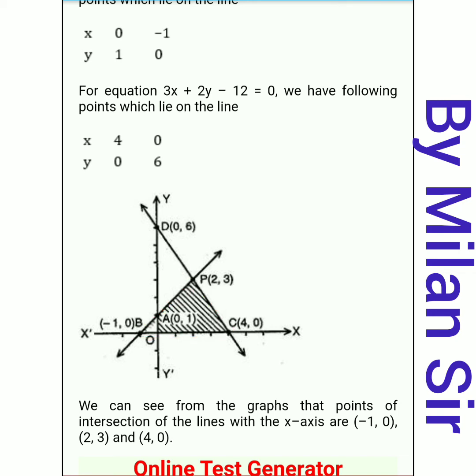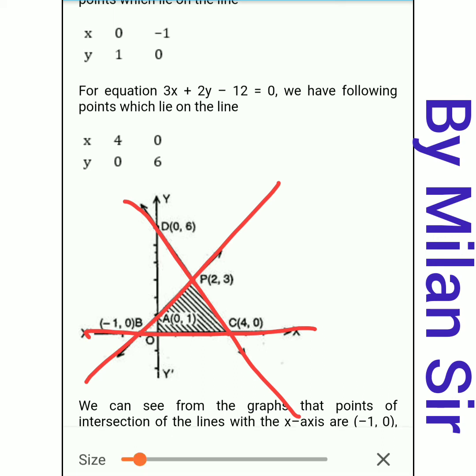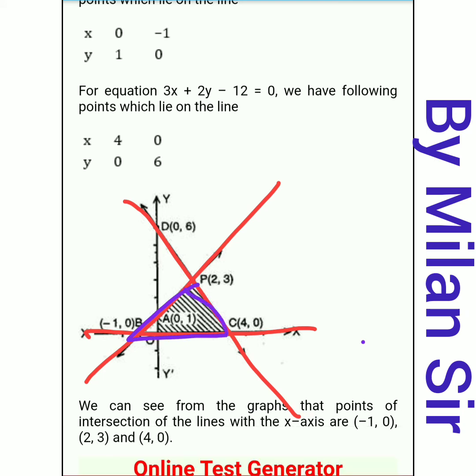Because our three lines are the first line, the second line and the x-axis. These three lines make one triangle, right? This one. So this is our triangle.